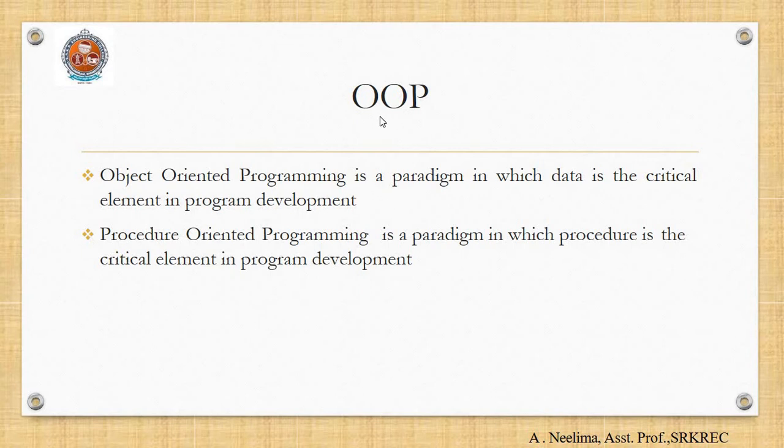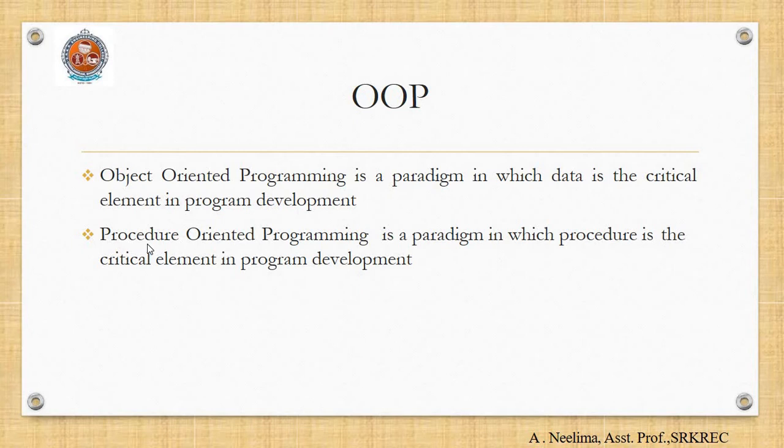The definition of object-oriented programming is: object-oriented programming is a paradigm or a technique in which data is the critical element in program development. That is, a programmer or a designer starts developing the program by identifying the data objects first. Then, throughout the development process, data is the main element of interest.